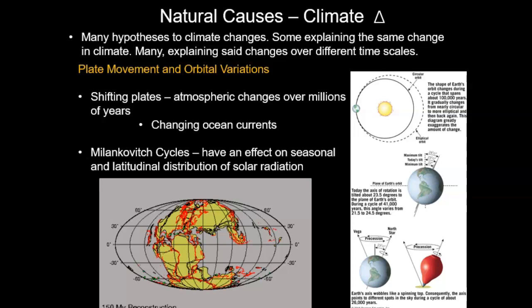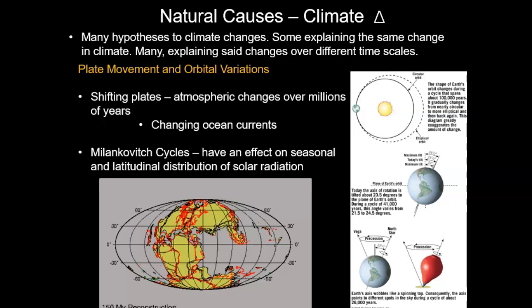These hypotheses will describe the natural causes of climate change, in other words, the causes that are unrelated to human activity. And in a few slides, we'll look at the possible causes that explain climate change from a human interaction perspective.